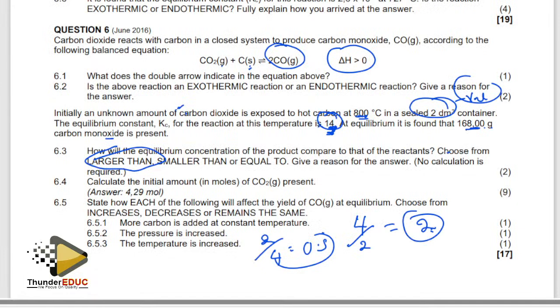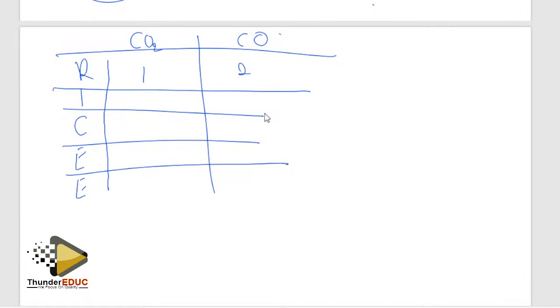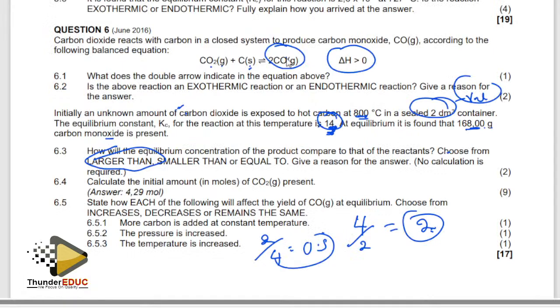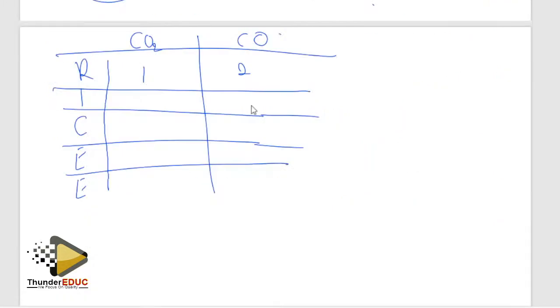Then we go to the mole ratio. Carbon dioxide is 1, and then carbon monoxide is 2. So now we are covered with that. Then we go to the initial moles. Remember, since carbon monoxide is a product, initial is going to be 0.